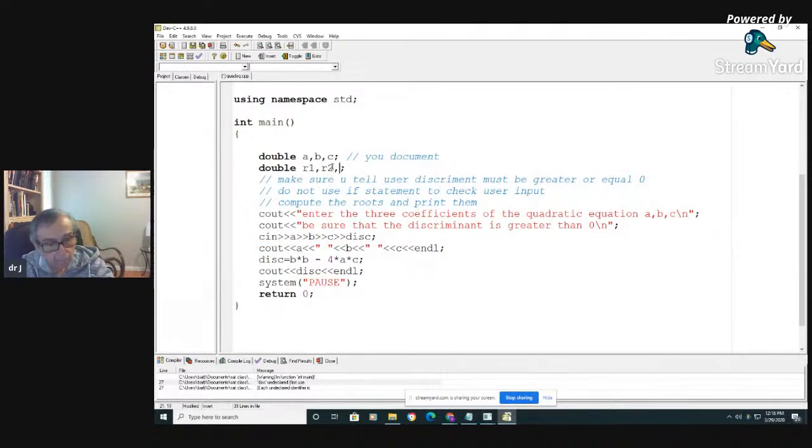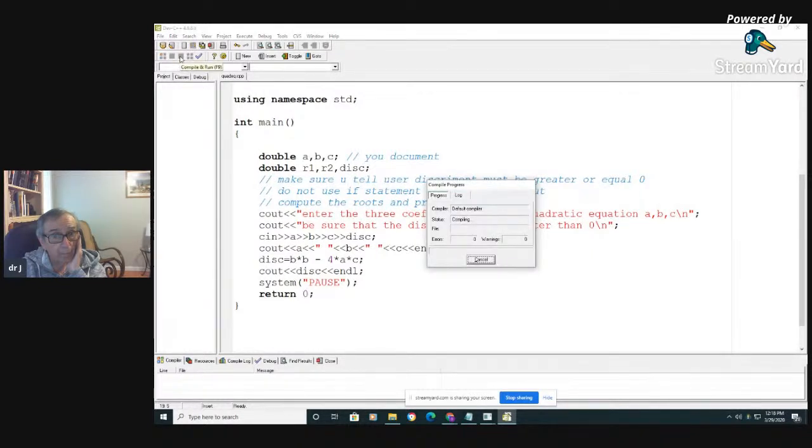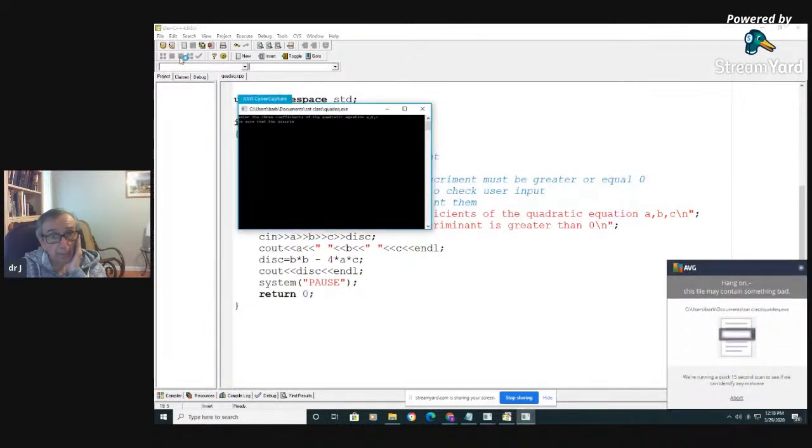Comma, disc. Now keep your fingers crossed. Clean compile, it's working. Good.